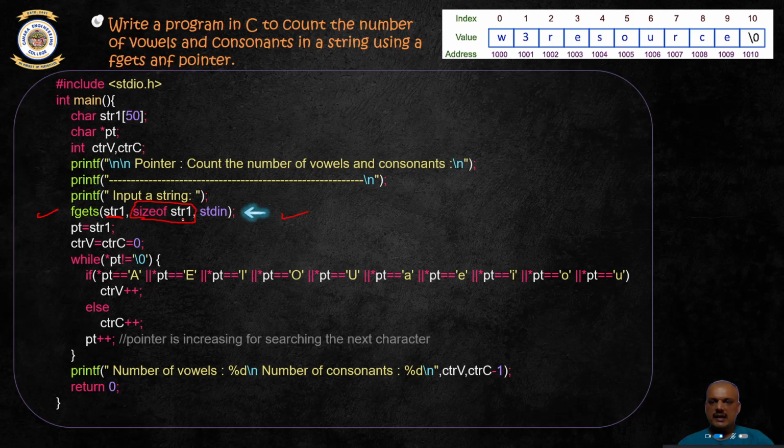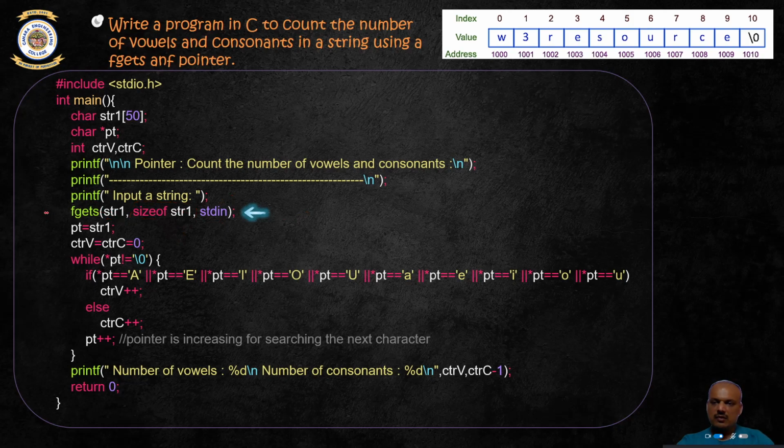Out here it is the size of str1, which is 50. So fgets limits itself to the first 50 characters that are typed in from the standard input device. So: the place where you need to store the string, how many characters need to be read, and from where they need to be read. In this particular case, I am reading it from the standard input, which is the keyboard.